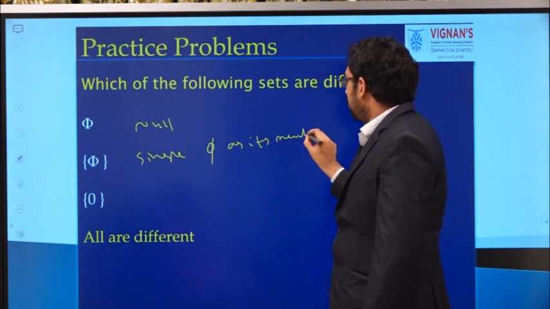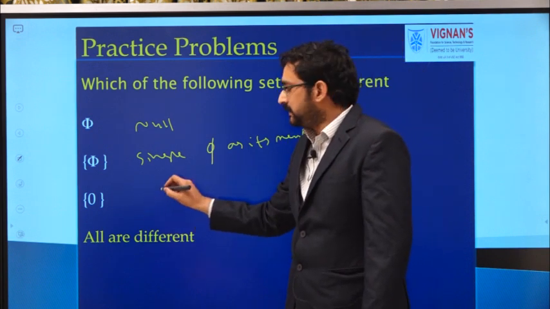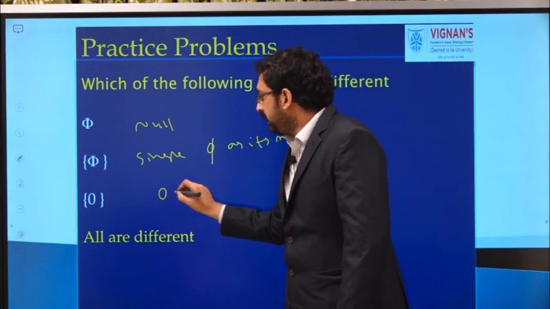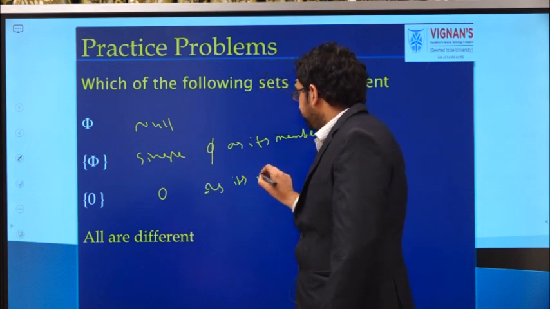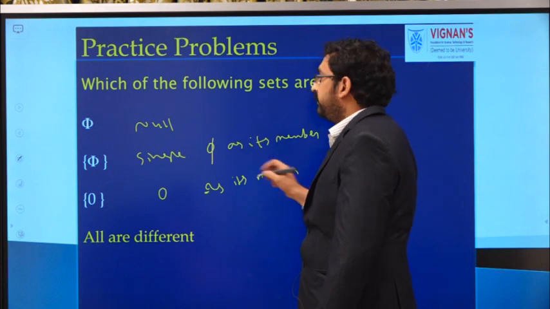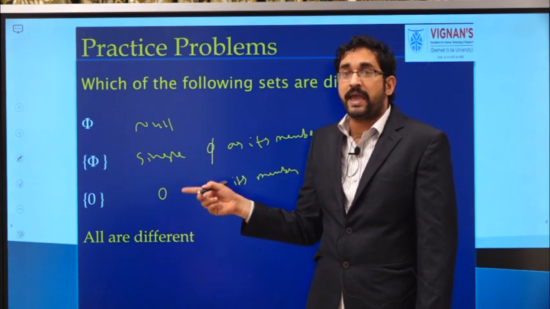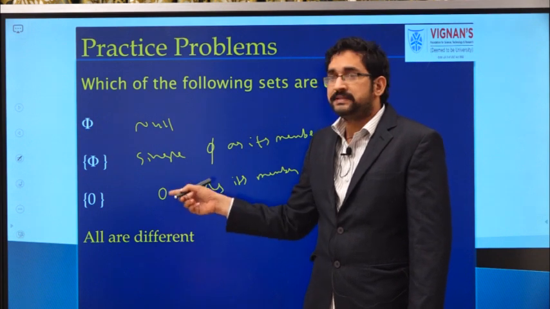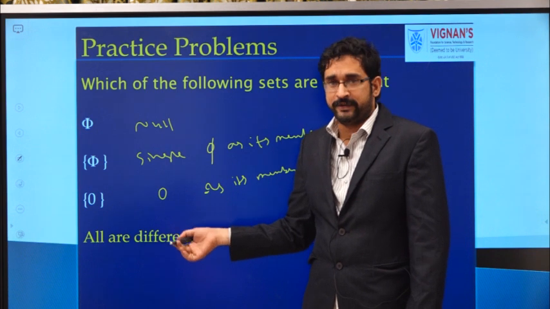See the third one, it is also a singleton set which contains 0 as its member. So the first one is the null set, the second one is a singleton set which contains pi as its element, and the third one contains 0 as its element. Hence all the given sets are different.